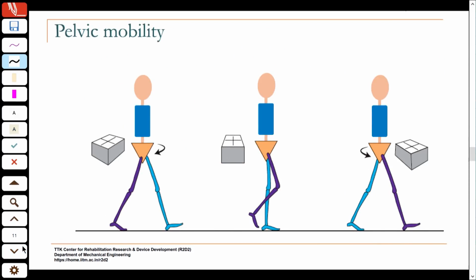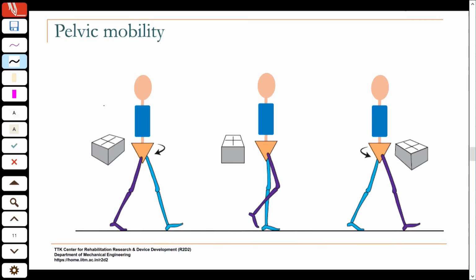So, if you look at the pelvis, we have mainly looked at the motions in the sagittal plane, because that is where the predominant motions at the hip, knee and ankle occur. But the frontal plane motions also have some influence on the gait, and one of the main influences is of course balance.